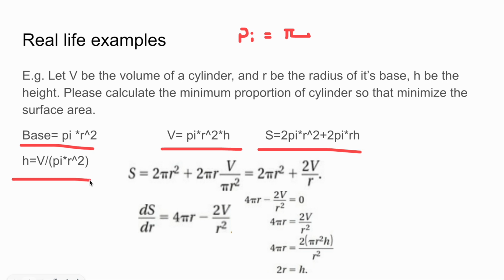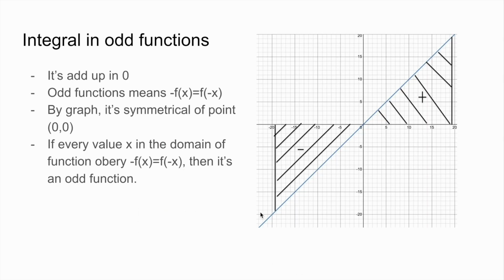We substitute everything to one side except h, plug h into the surface area equation, and find the derivative with respect to r. Then we can find the proportion of r to h.